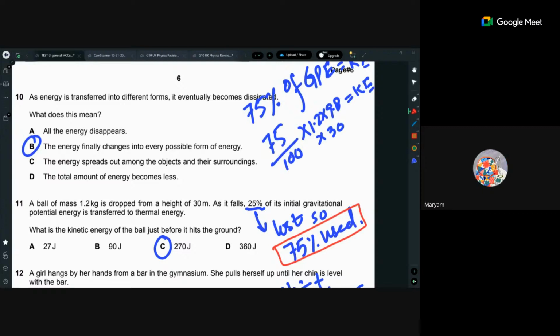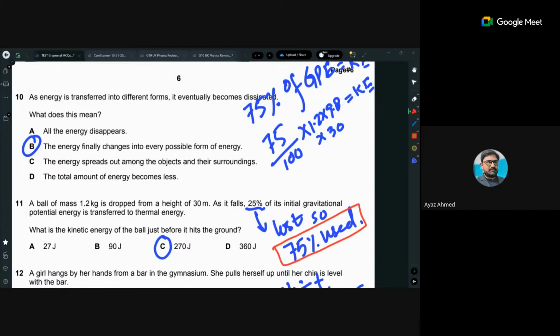Heat energy. Heat energy of what? Hands and the surrounding. So all of the energy is not dissipated in the surrounding, but it is spread in every possible form of energy.